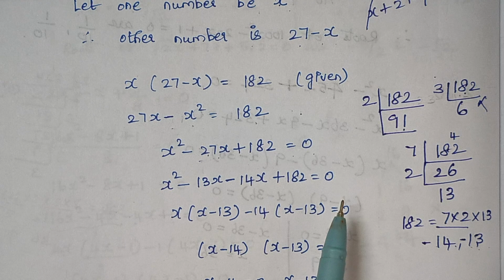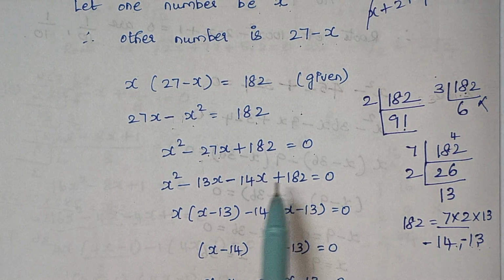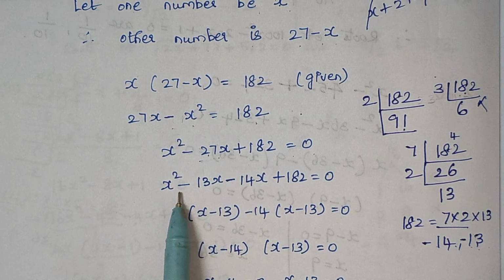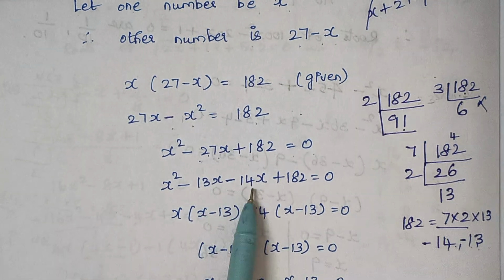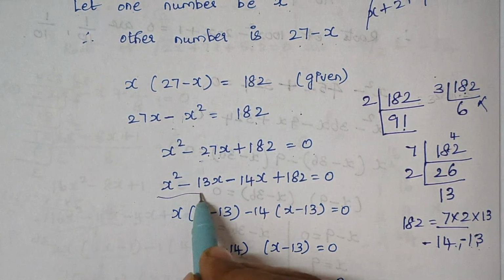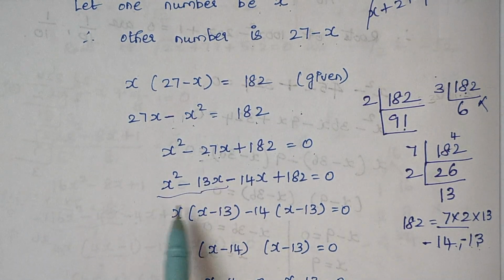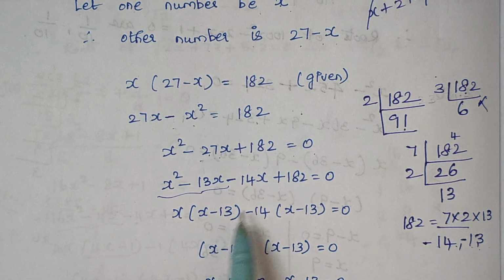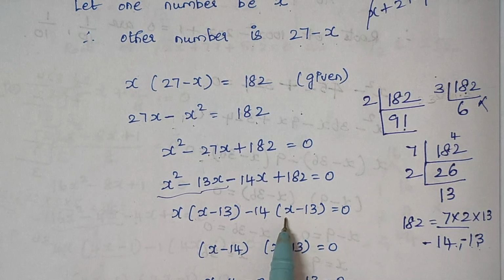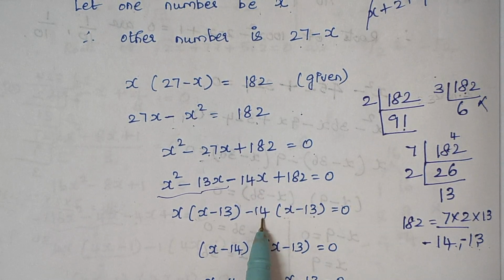Fine. Now the next thing is we are splitting the middle term. In the place of minus 27x, I am writing minus 13x and minus 14x. When you look at the first two terms, you can take x commonly outside, so it is x minus 13. And here again, I need the same x minus 13. In these two terms, I can take 14 outside.